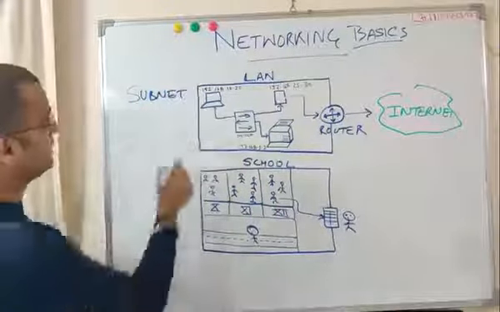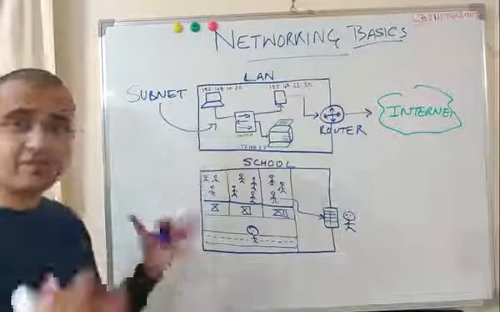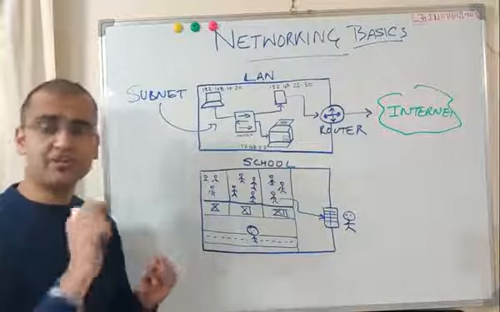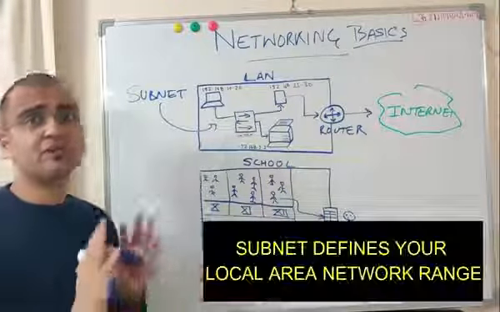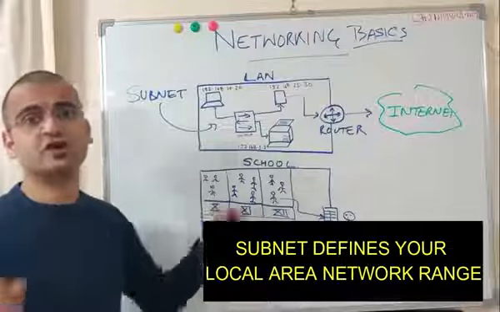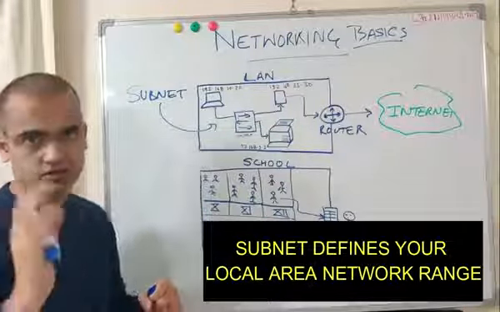A subnet is called a subnetwork which sits within the local area network, and it is not an IP address. It might look like an IP address, but it is not. It is a set of flags which defines the overall range of a local area network. I'll tell you how.